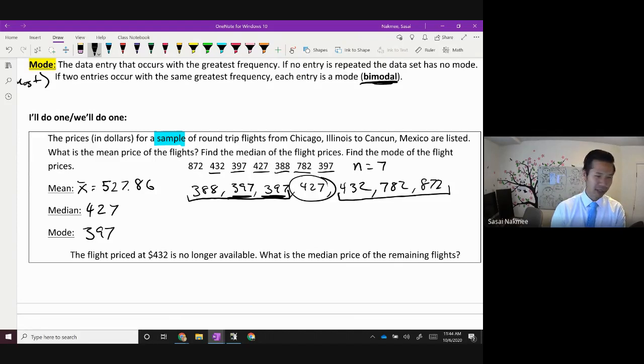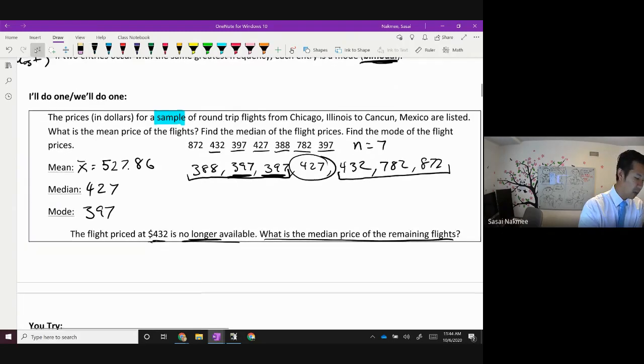I know this is kind of weird, but let's just take a look at this other one right here. Let's say the flight priced at $432 is no longer available. What is the median price of the remaining flights? I'm saying, what if the 432 is no longer included? So I list this out as 388, 397, 397, 427, but then I'm going to take out the 432 value.